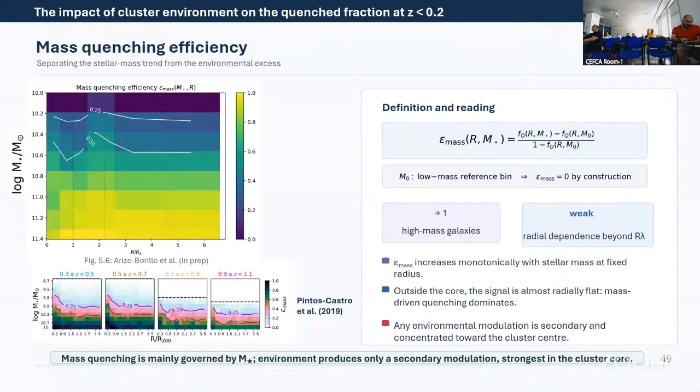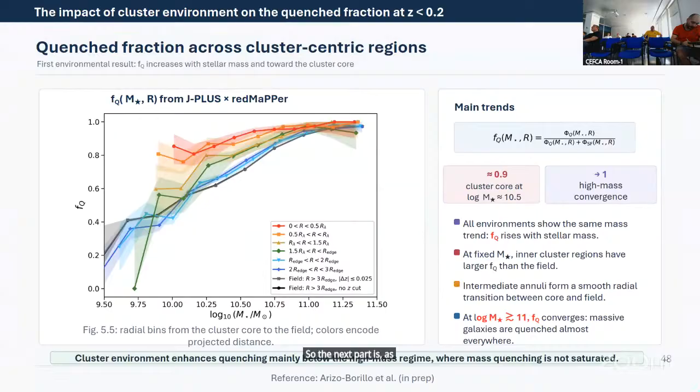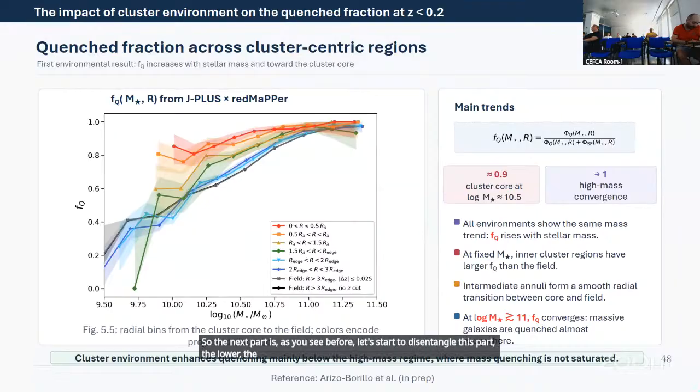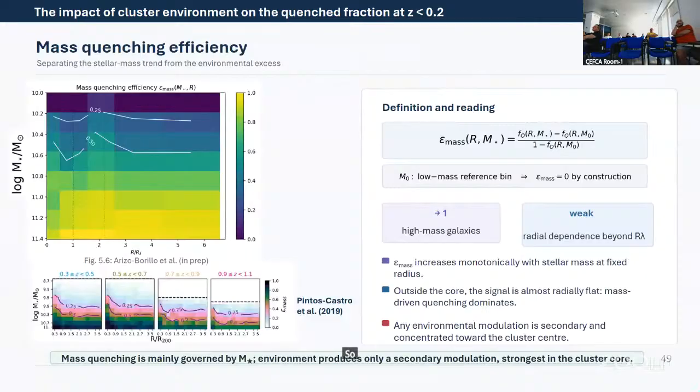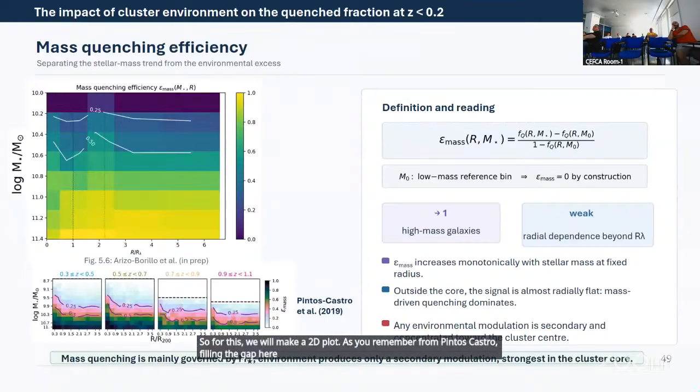So the next part is, as you saw before, let's try to disentangle the upper stellar mass part from the intermediate stellar mass part. It will affect it from the quenching track, the mass quenching and the environmental quenching. So for this, we make a 2D plot, as you remember, from Pinto's Castro, filling the gap here, and we see a similar trend.